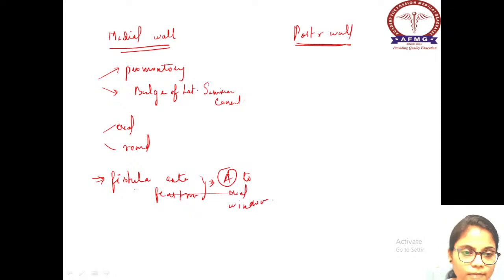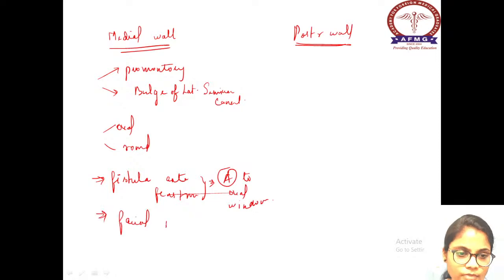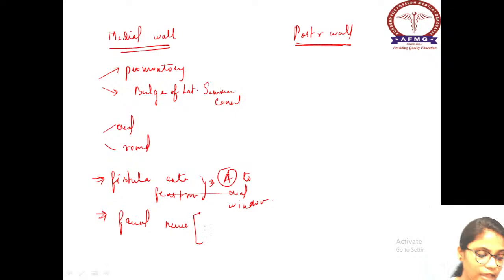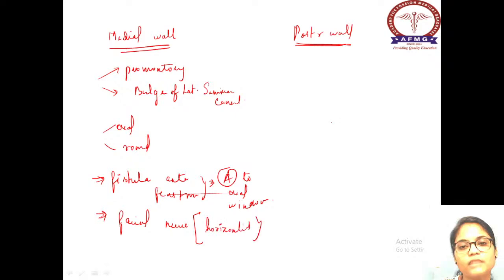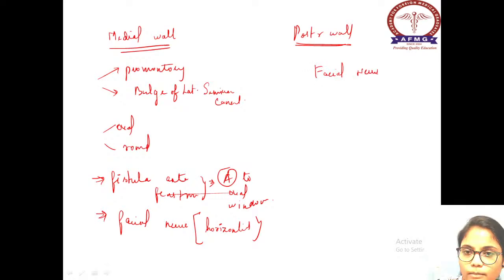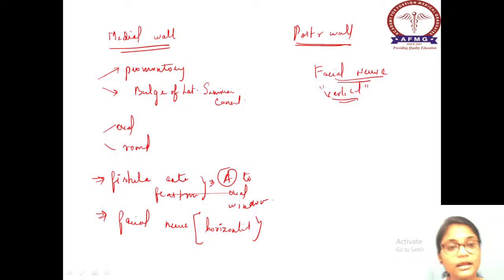And one more thing: the facial nerve is present, and in the middle ear it is horizontal in nature. But when it comes to your posterior wall, the same nerve will be vertical in nature. That is the important difference between both.